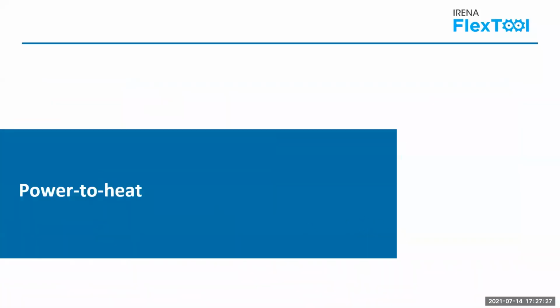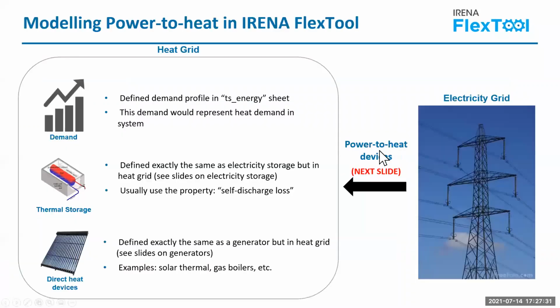So going back to the slide deck, we have power to heat. I have pretty much explained this. We have the electricity grid. There's some device like a heat pump that converts electricity to other energy carrier, in this case heat. And the rest, it's the same as hydrogen. We define a heat demand in TS energy, like in electricity, just assigning it to the heat node.